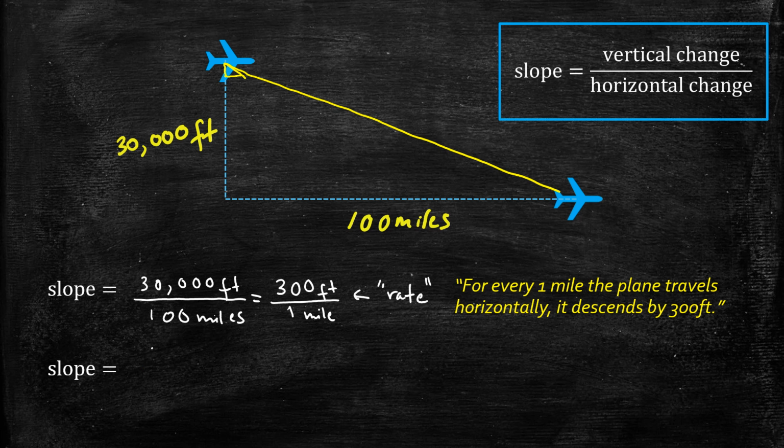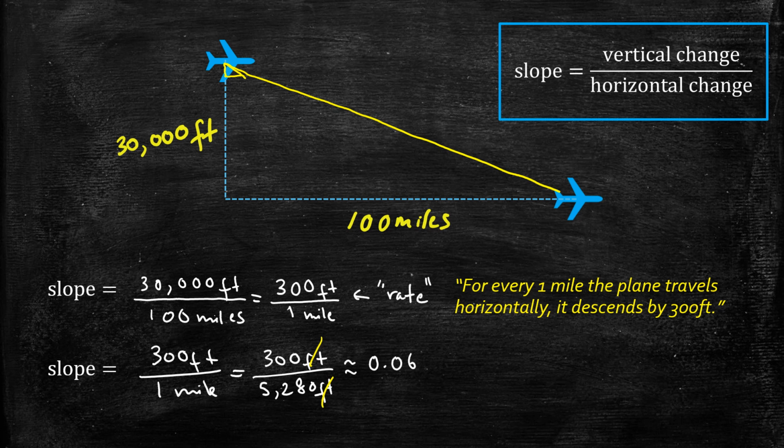So let's take that 300 feet over 1 mile, that simplified version, and let's turn that to 300 feet over 5,280 feet, since 1 mile is 5,280 feet. Well, now you'll notice that the units cancel and you're left with a ratio. It's approximately 0.06 over 1.